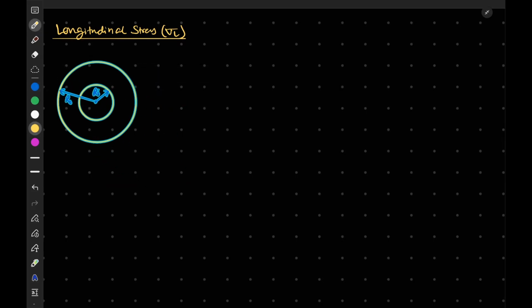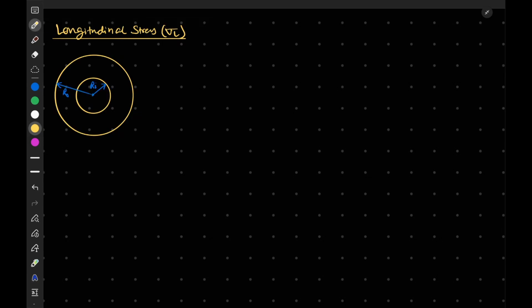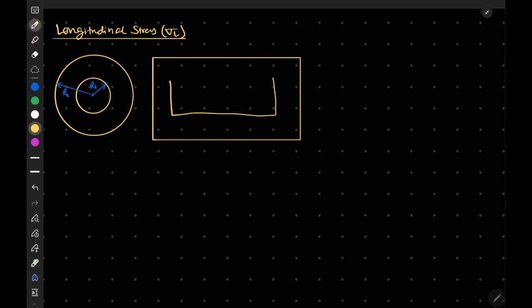First, let's talk about the longitudinal stress, sigma L. So this is your cross section, and your front view should be something like this.